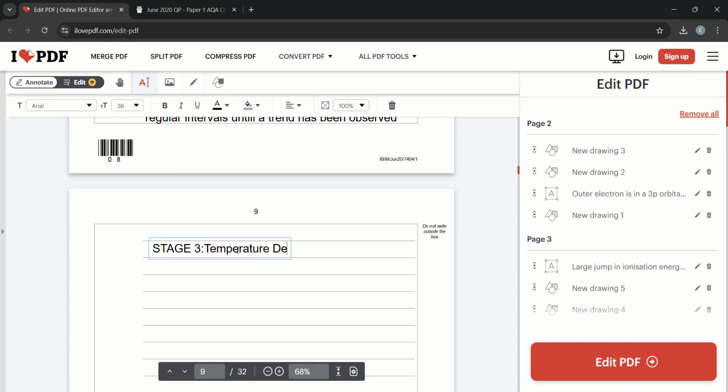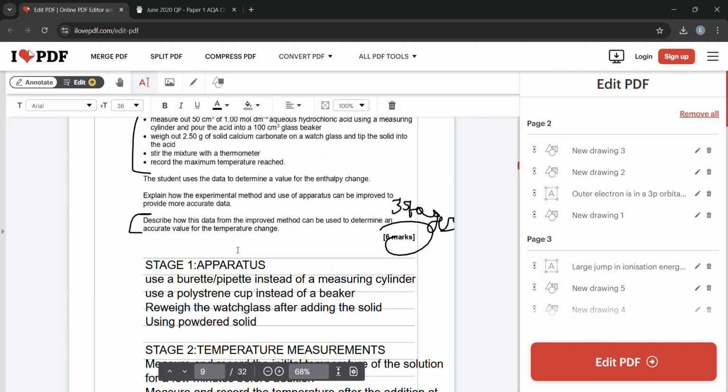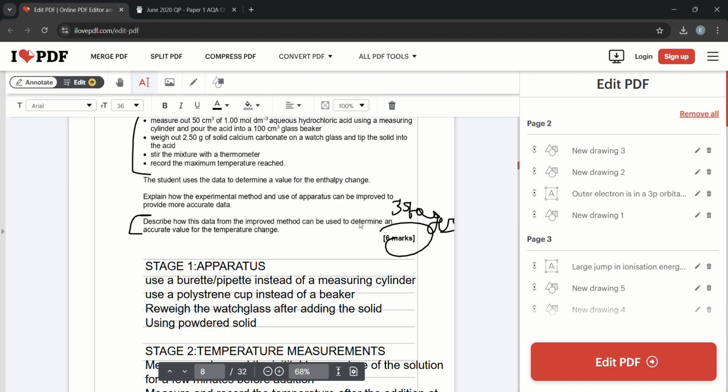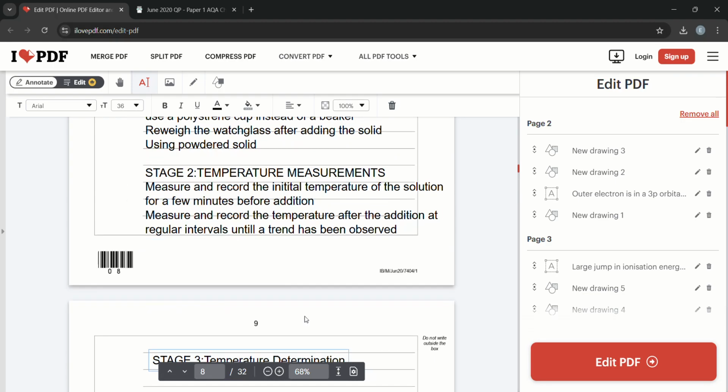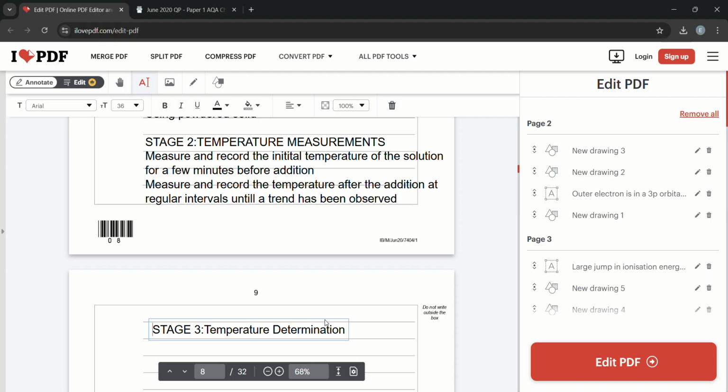Temperature determination. Then it says describe how data from the improved method can be used to determine an accurate value for the temperature change. Well, what we want to do is plot a graph of temperature against time.